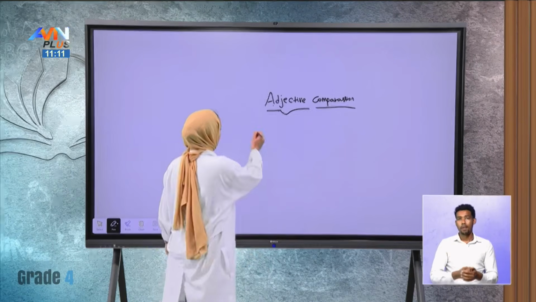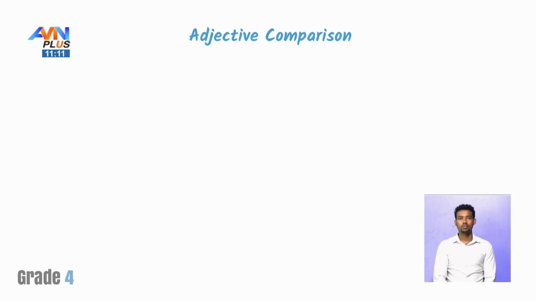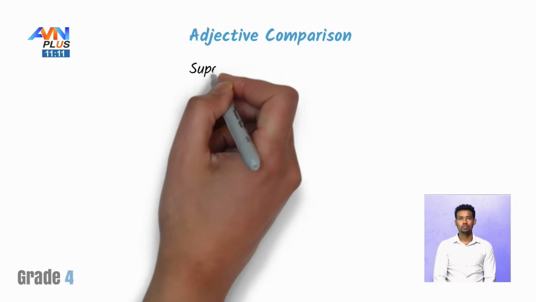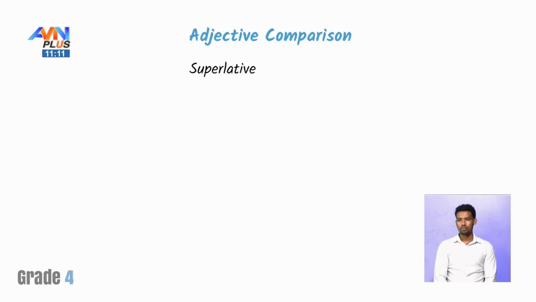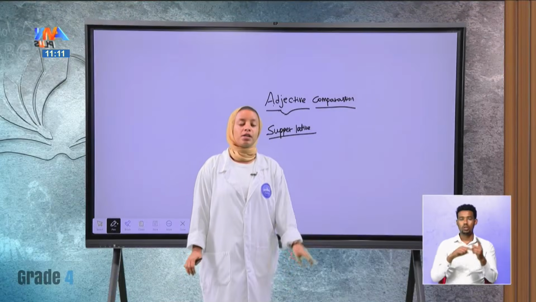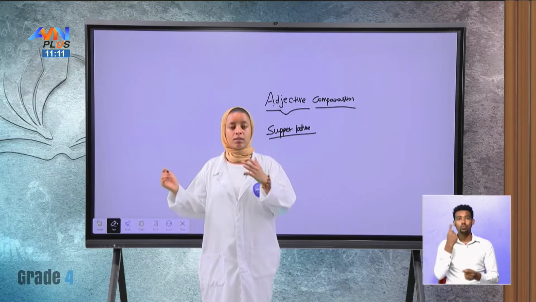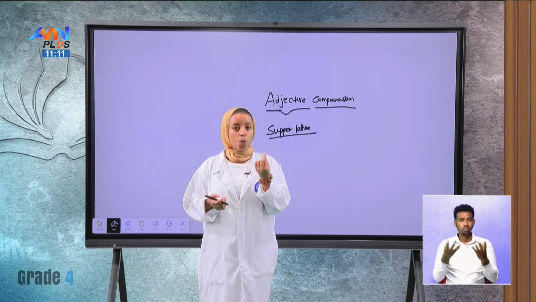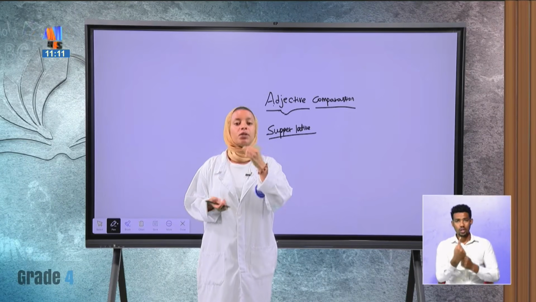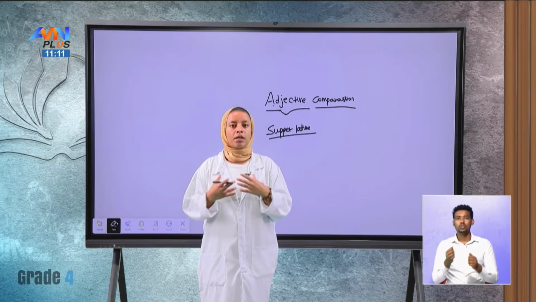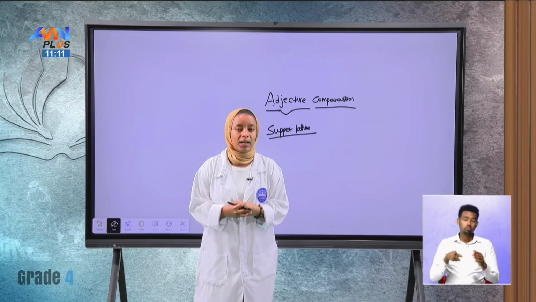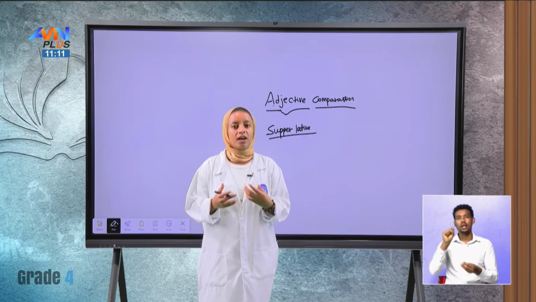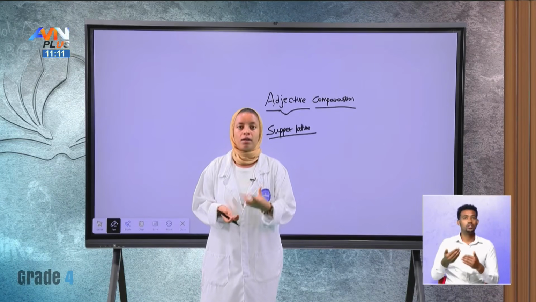When we come to superlative adjective, we are comparing one thing with many things, or each thing with the other things, like the whole thing sometimes. So here, we are adding est after the adjective.